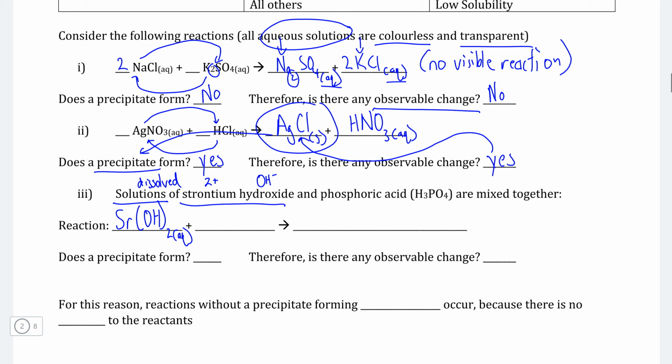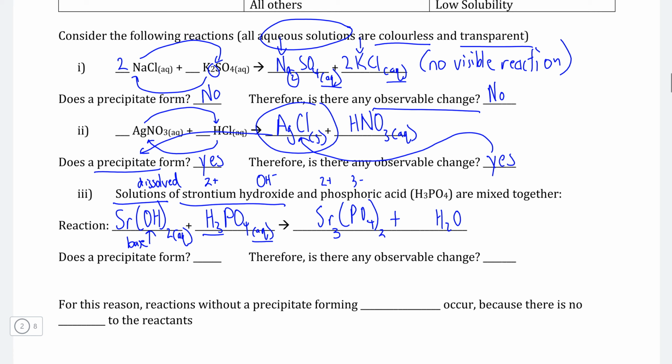So we know that every neutralization reaction is going to produce water when the H plus and OH minus react together, and our salt that we're going to make is strontium phosphate, for which we can calculate the chemical formula, because strontium has a positive 2 charge, phosphate has a negative 3 charge, lowest common multiple is 6, positive 2 times 3 is positive 6, negative 3 times 2 is negative 6, positive 6 minus 6 is 0.